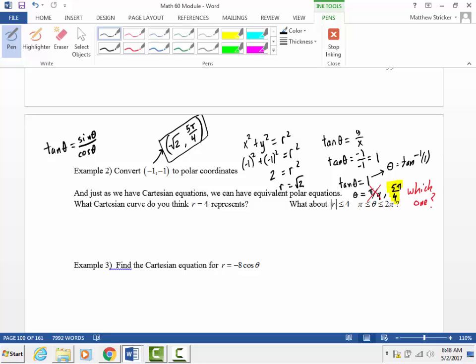Now, before we take a break, though, I just want to consider one graph, just to start thinking about this. And that is, what if I have r equals 4? Do we have any ideas about what that equation is going to look like? Notice, does it say anything about theta in it? No. Now, one of the things you have to start to learn about graphing, and we've already seen this before in the Cartesian system, when we have like x equals 2 or y equals 3, this equation doesn't involve y.